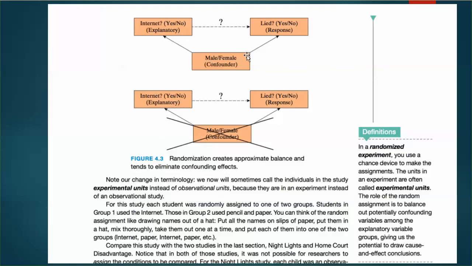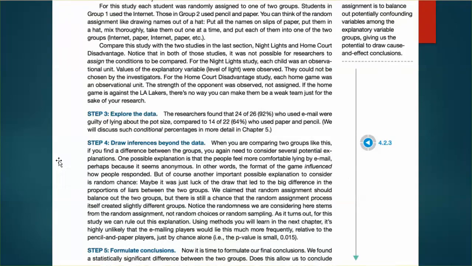So the confounding variable, we want to get rid of that. So what happened when they did it? Well, they found out that 24 of the 26 people who used email, so 92%, were guilty of lying. 14 of 22, so still quite a few, lied when they used pencil and paper. But that's a difference. That's not the same.